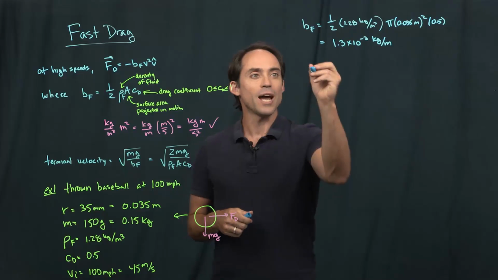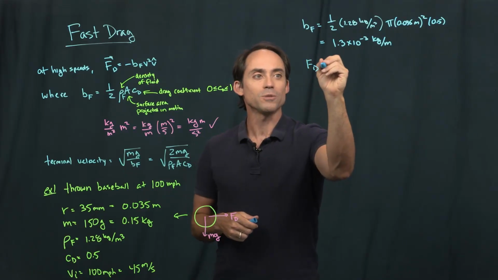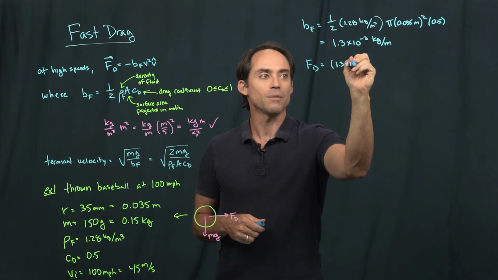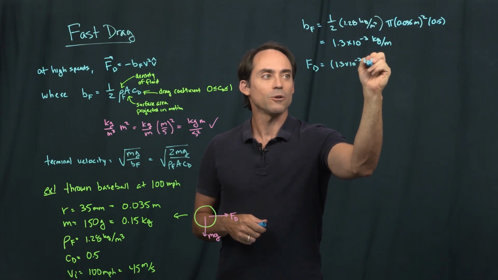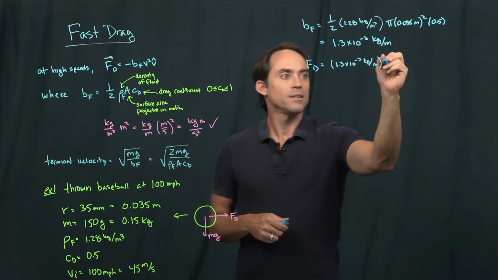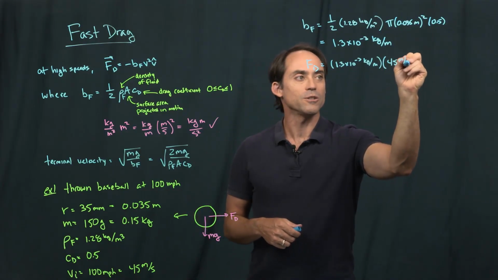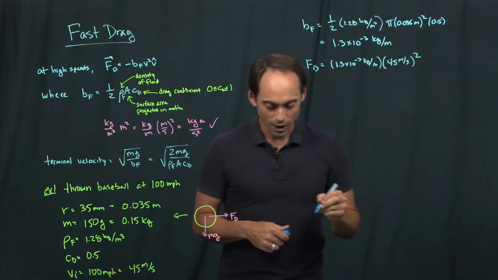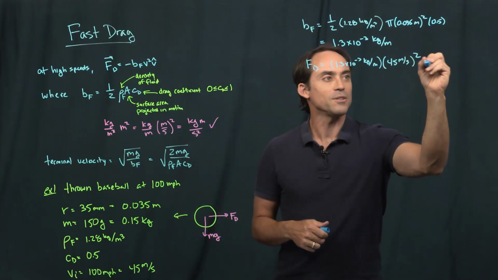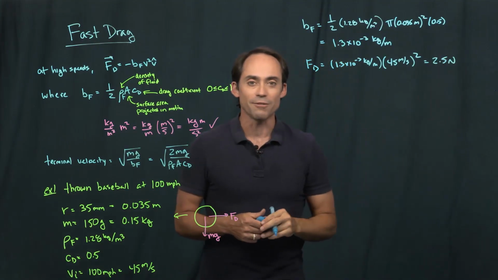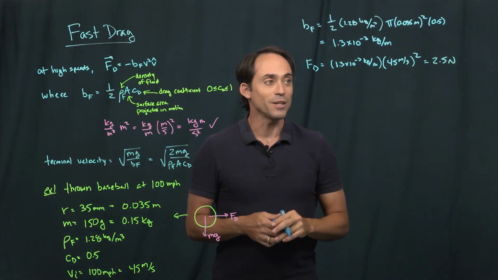All right, so now we can actually compute the drag force, because it's just our 1.3 times 10 to the minus 3 kilograms per meter times our speed squared, with the speed we calculated to be 45 meters per second. And when we write out this number, what we find is a force of 2.5 newtons, which is a fairly small number.